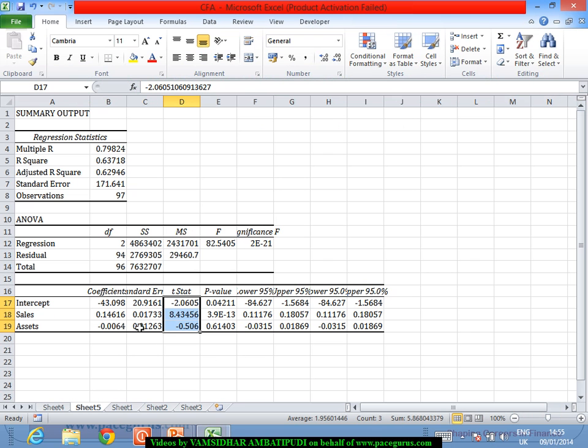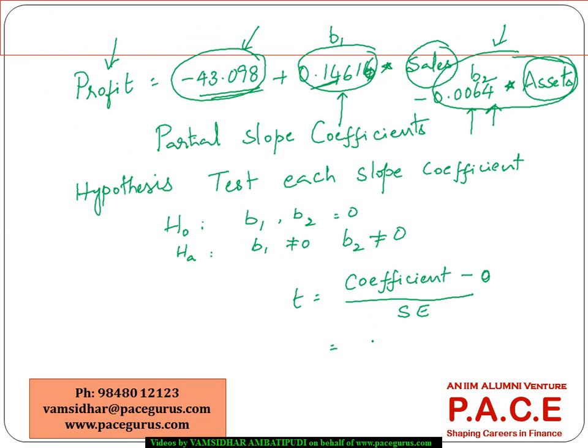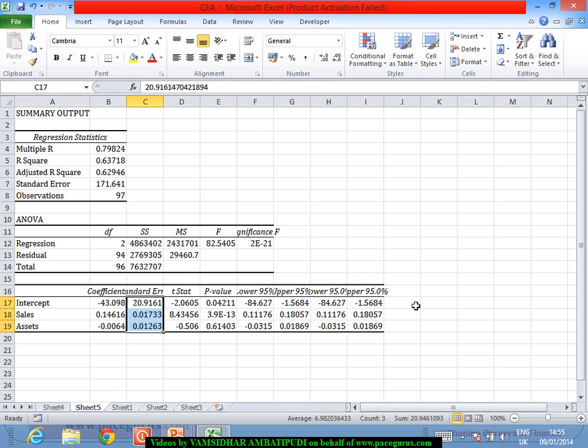The standard error for each of the coefficients is already computed by the regression process. So coefficient divided by the standard error gives me the t statistic. This is what the table is also displaying to us: minus 2.06, 8.43 and minus 0.50. These are the t values computed for us.